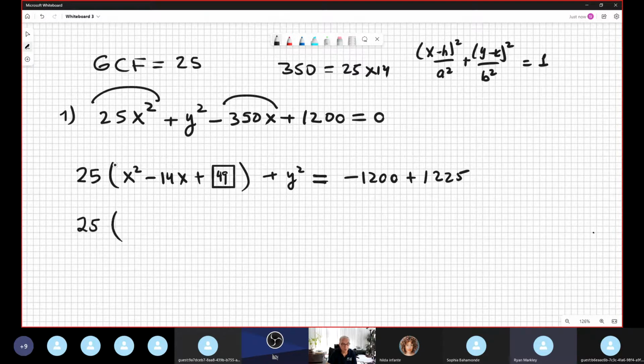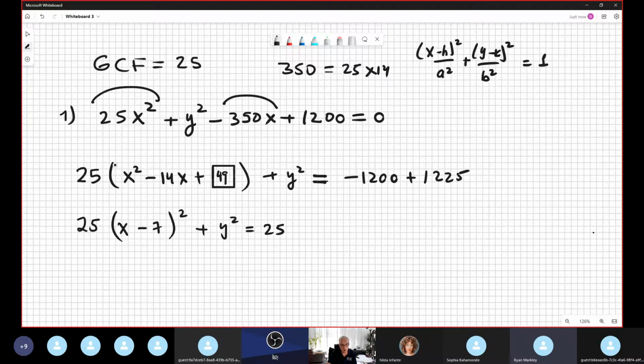This is a perfect square trinomial, and the factorization is only one binomial, x minus 7. Where does this come from? x is the square root of x squared and 7 is the square root of 49. Plus y squared. In the right hand side we have 1225 minus 1200. The subtraction is 25.